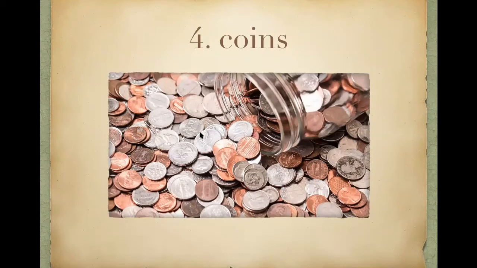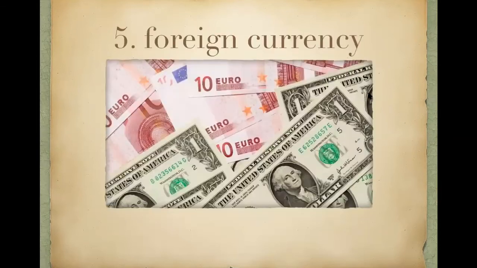Coins. Here we have a lot of coins. Foreign currency. Here, for example, we have some dollars: $1, $2, $3, $4. And here we have some euros, 10, 10, 10. We have at least 60 euros here. Foreign currency. Moneda extranjera.